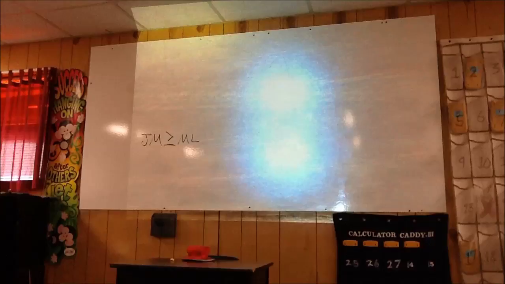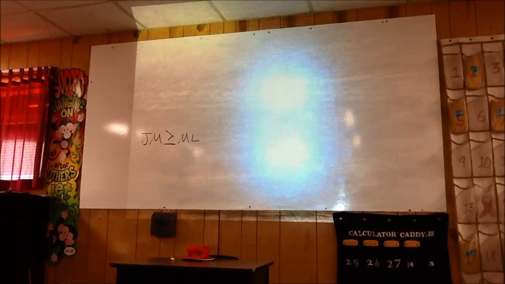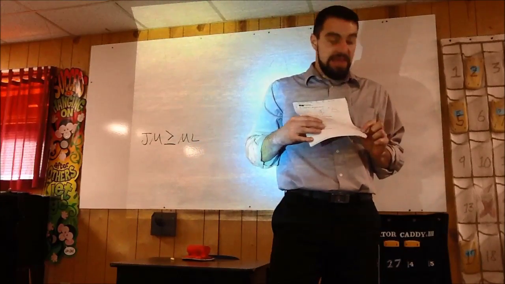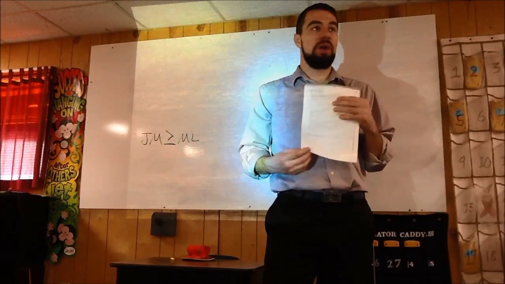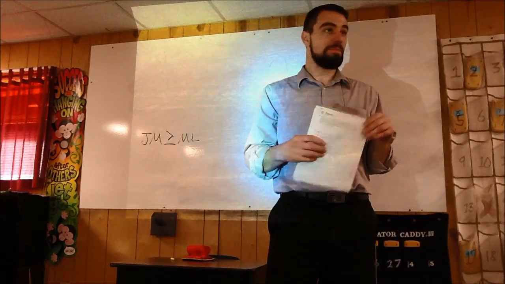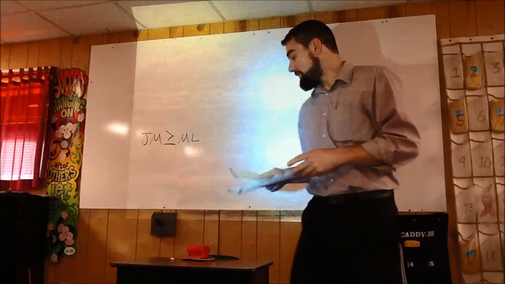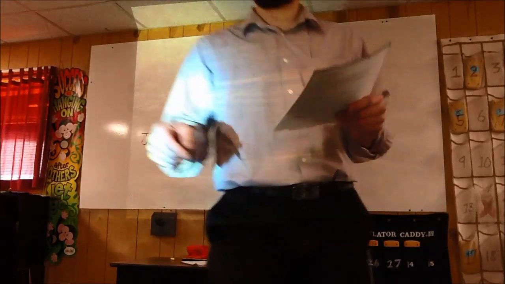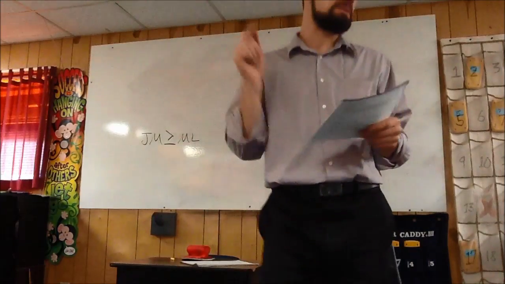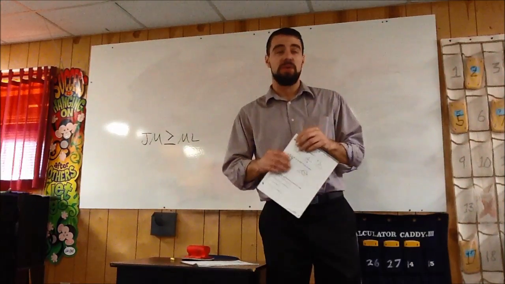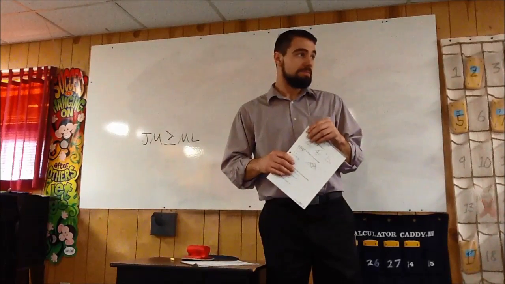Okay. Now what I've been doing is we ripped out workbook pages 85 all the way to 102. We ripped those out. And this was our review for the test that we took last week. And so I let you use this review on the test.